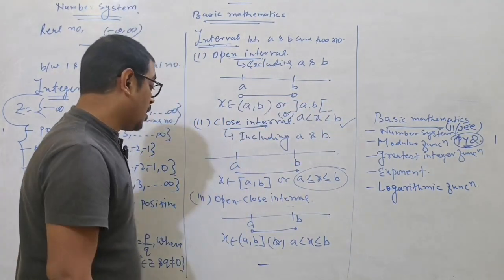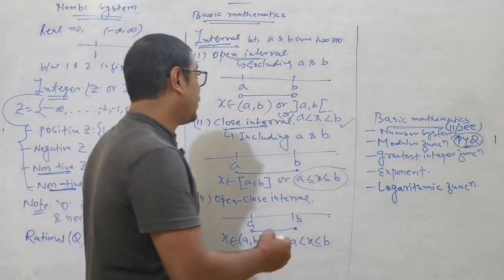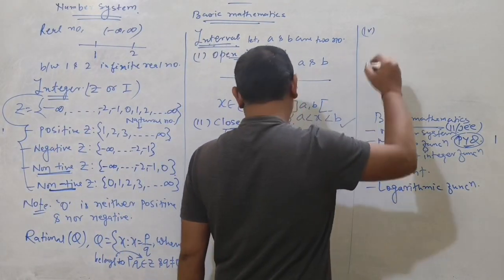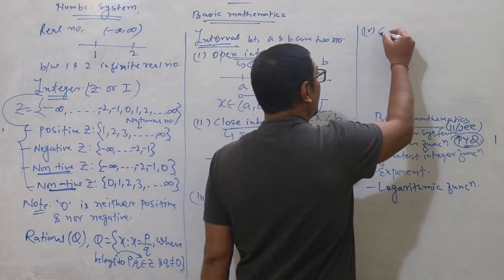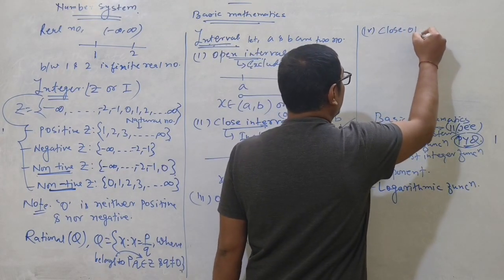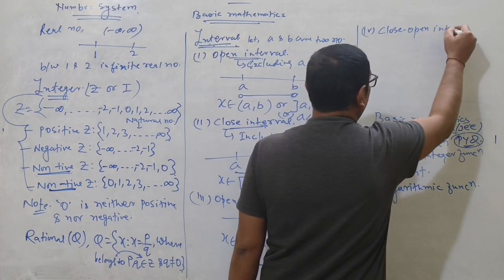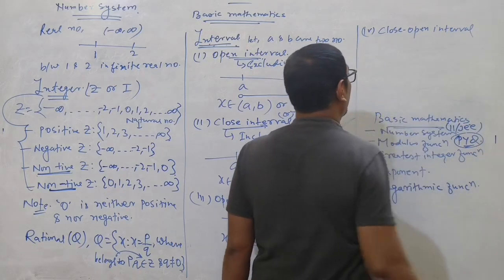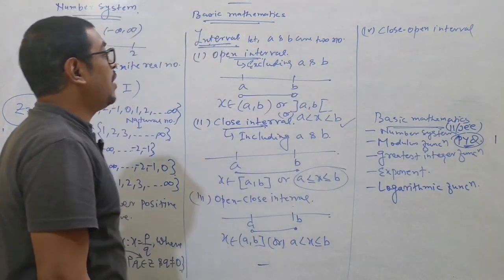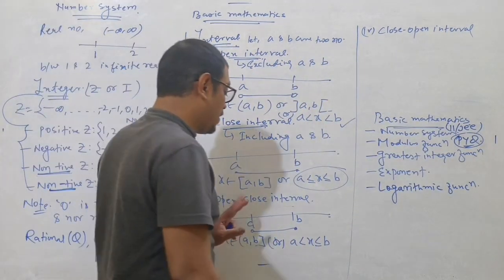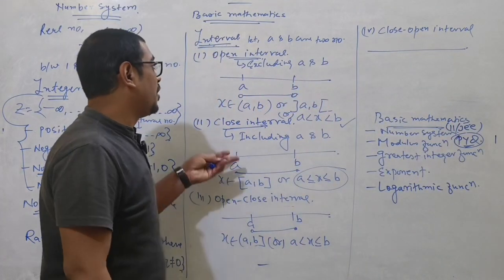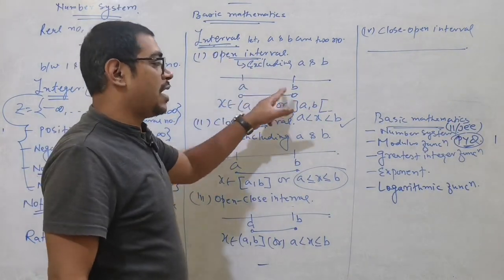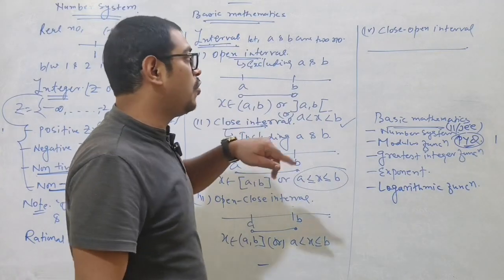Now the fourth one is the closed open interval. What does it mean? Similarly you can read it. Open means excluding and closed means including.